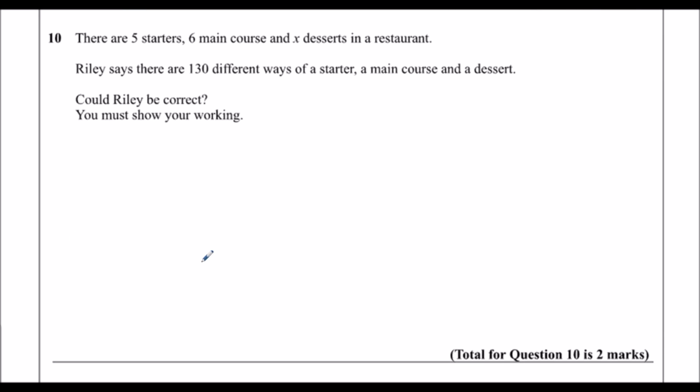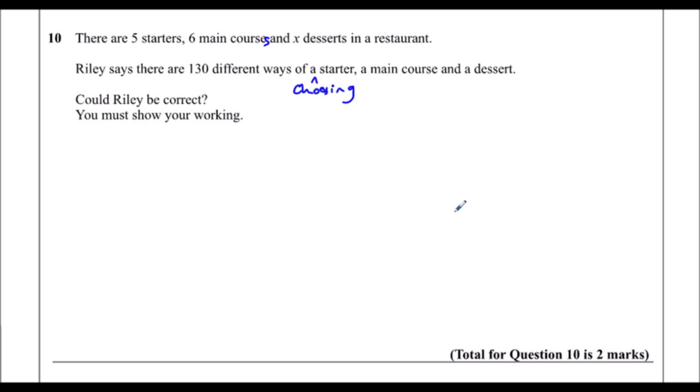Question 10. There are 5 starters, 6 main courses, and x desserts in a restaurant. Riley says there are 130 different ways of choosing a starter, a main course, and a dessert.